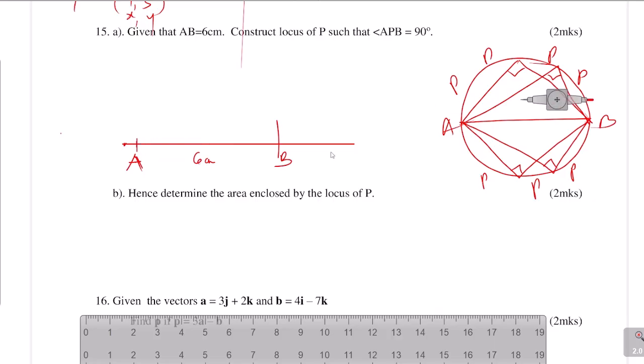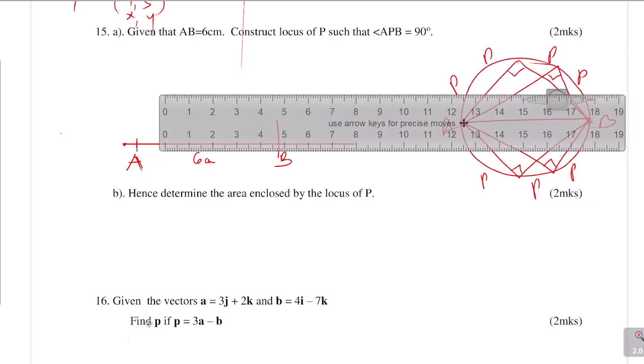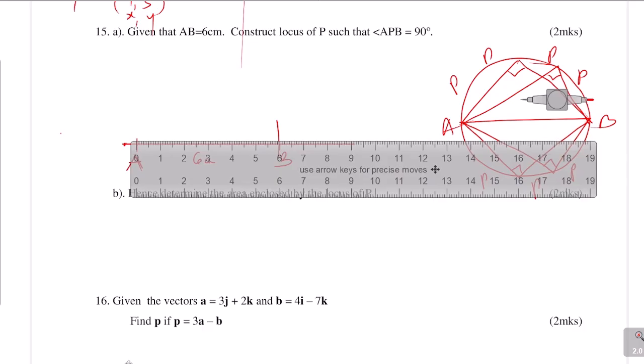We use a ruler instead. See, that one is limited. So 3 will be somewhere there.